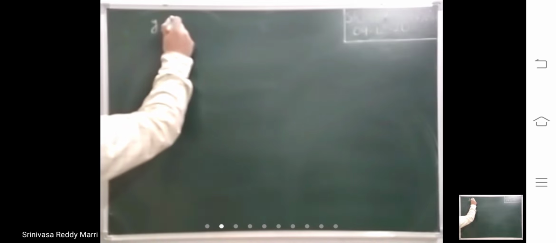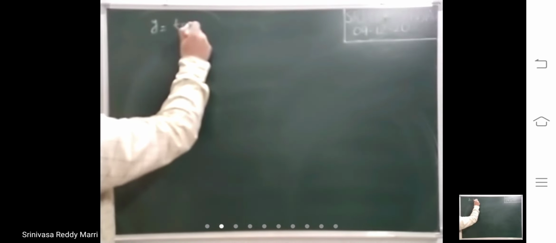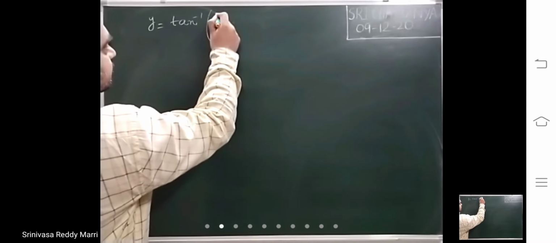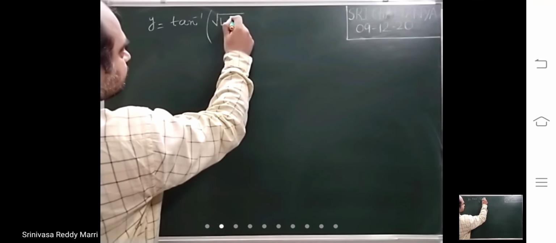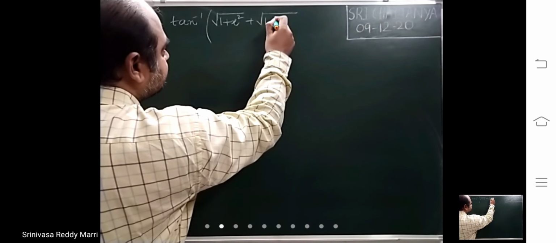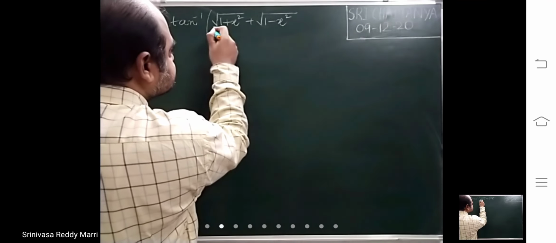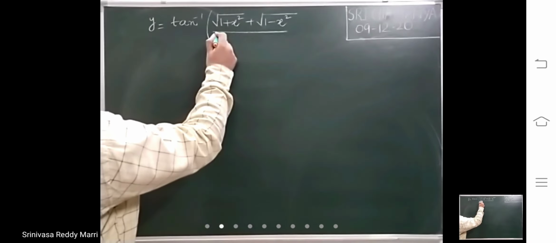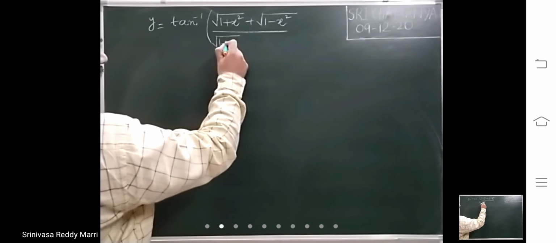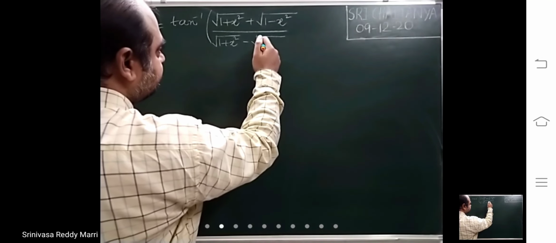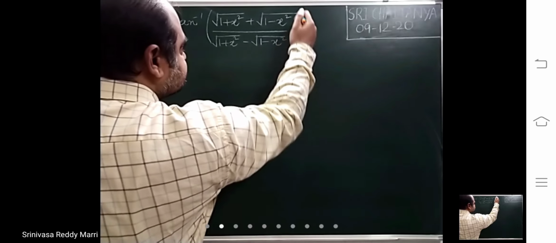Suppose you are given an expression like this: y equals tan inverse of (root of 1 plus x square plus root of 1 minus x square) divided by (root of 1 plus x square minus root of 1 minus x square).